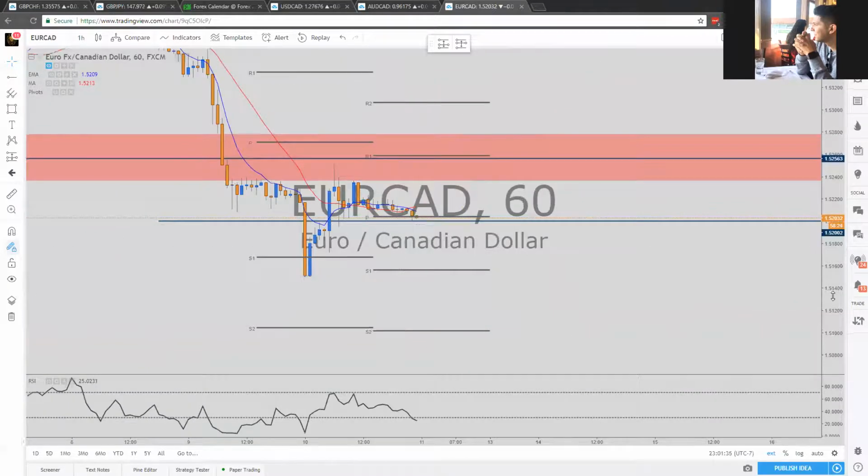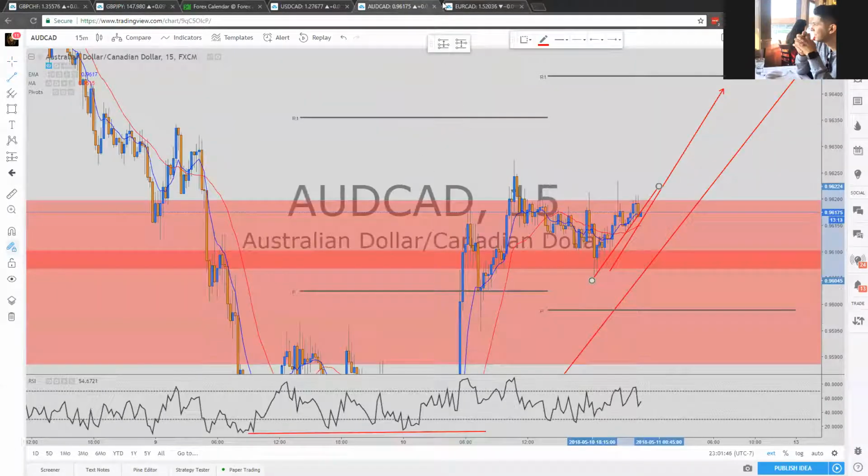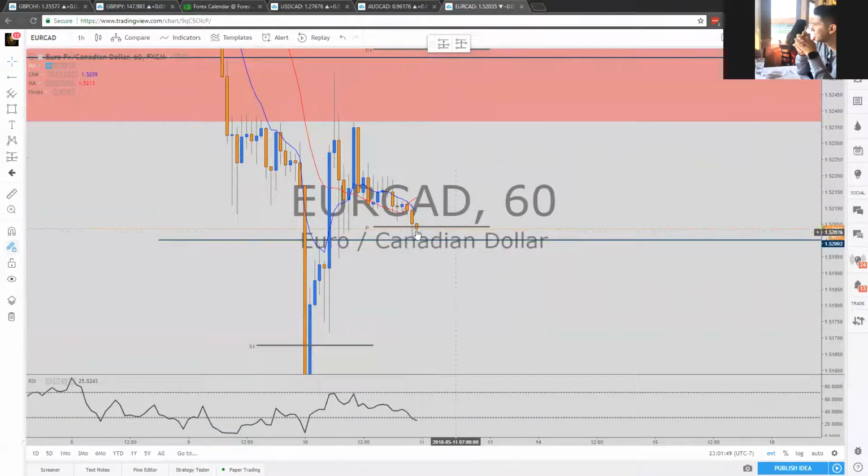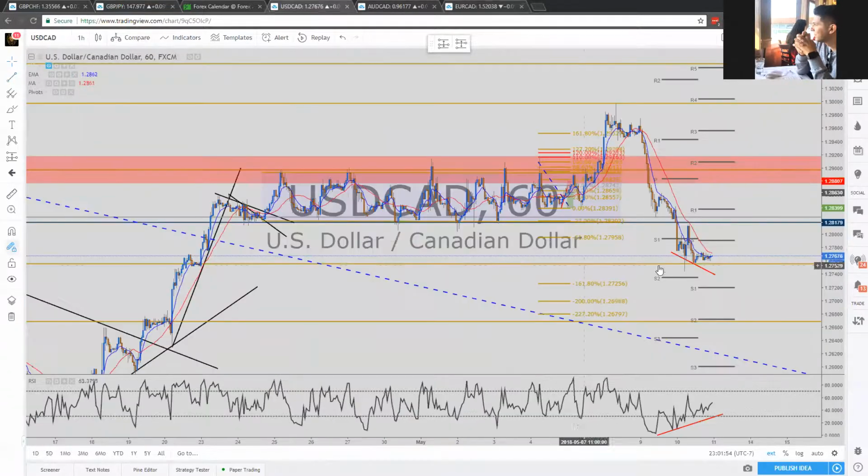If I go to the 1 hour, we can see it's consolidating. Blue is crossing back and forth, so we might be seeing a push going up from here. If I see the reaction going up, that means CAD is getting weaker. Same thing with here, we can see it's now starting to go up.